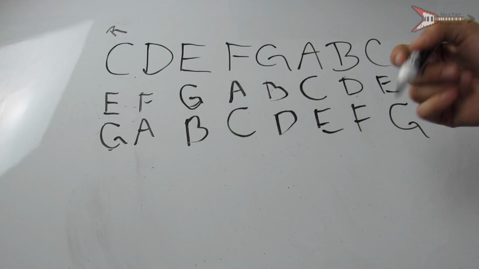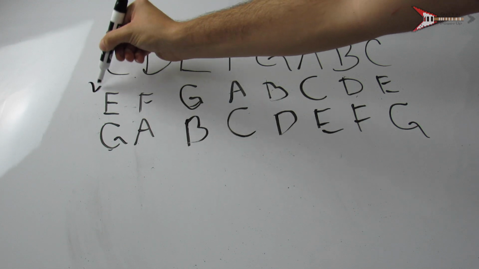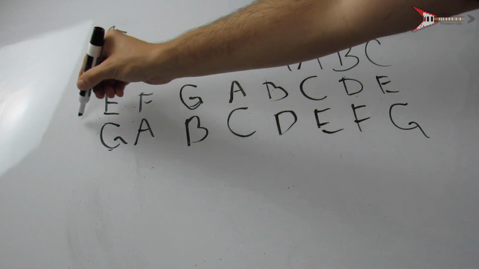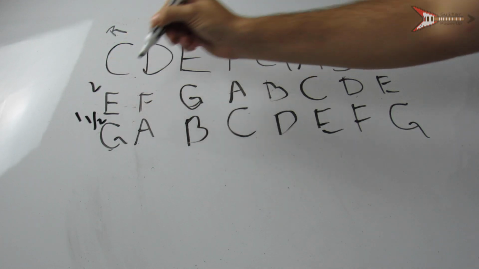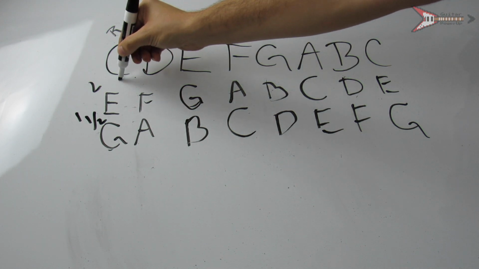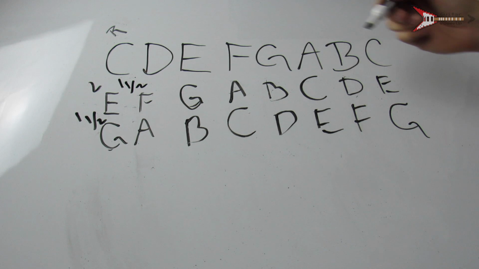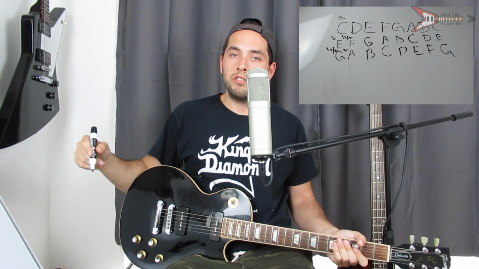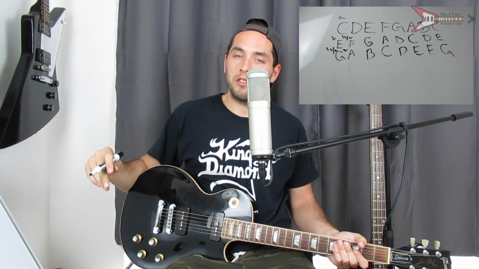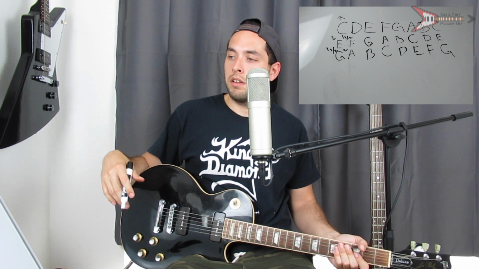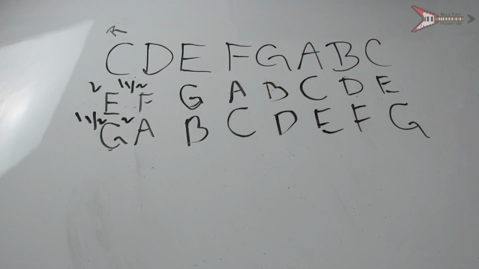Now let's take a look at how many whole steps and half steps are on each third. So C to E is 2 whole steps, and then E to G is 1.5. Then D to F is 1.5 whole steps. And F to A is 2. This whole step, half step layout is a key difference between these chords because it determines whether a chord is major or minor. This first layout, 2 over 1.5, is what defines a major chord.